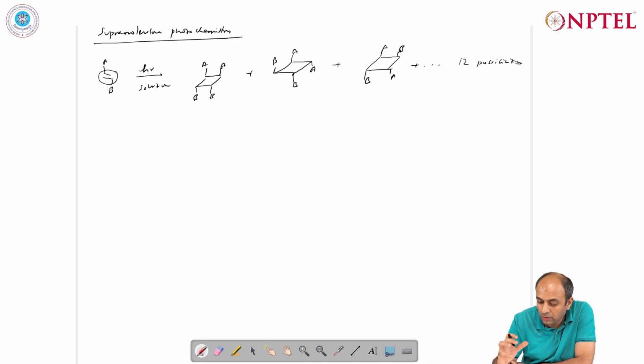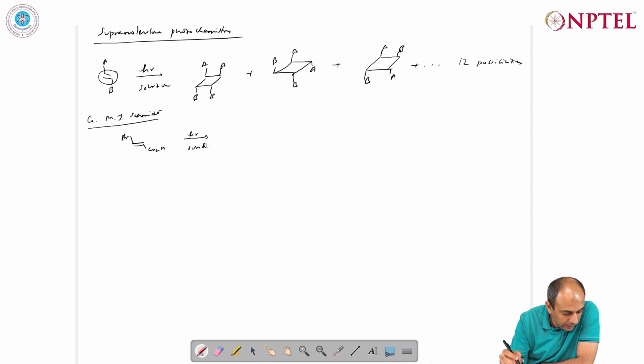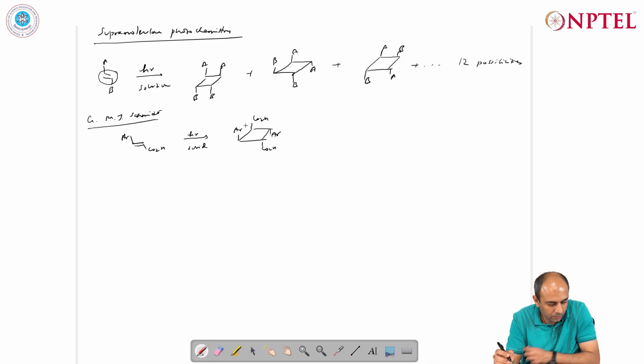But now if you want to control this particular dimerization process in a specific way, what was proposed by G. M. J. Schmidt was that when you take cinnamic acid and photoirradiate it in the solid state, it can lead to the formation of the centrosymmetric dimer, which is called alpha-truxillic acid.